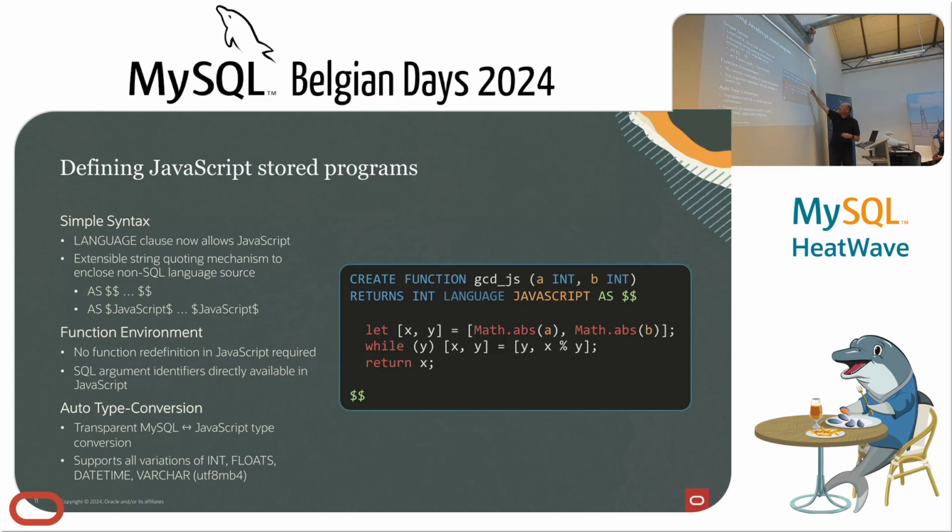And the arguments you have here, these are SQL types and SQL arguments. There you can automatically use the arguments here. So here you see that the two input arguments are used in the code. There's an automatic transformation between the SQL types and the JavaScript types that are used inside the JavaScript code.